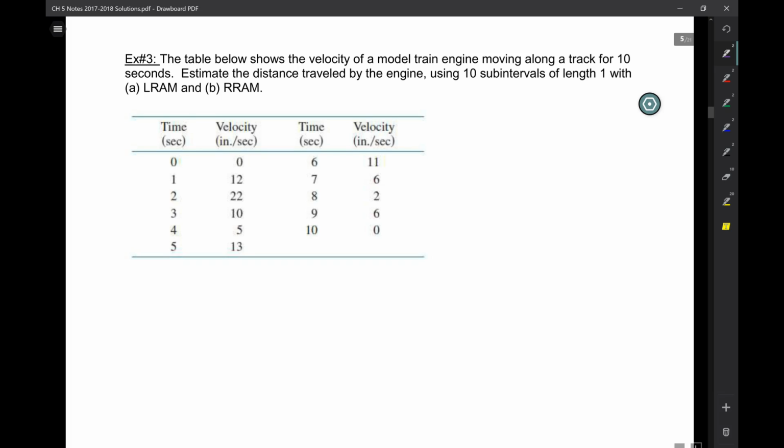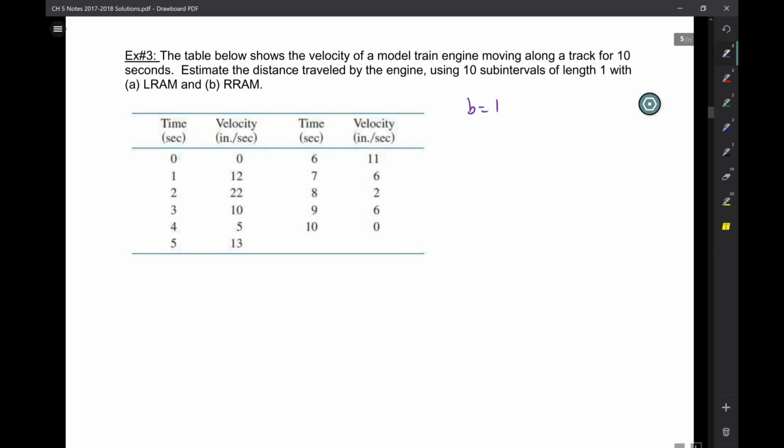Okay. 10 subintervals of length 1. So how much is each base going to be? 1. It goes for 10 seconds, 10 subintervals. And this one tells you length 1. So base is 1.